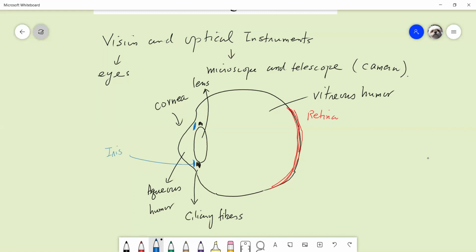Now I will connect it to the optical nerves. And there is another name for this part of the retina, they call it the fovea. It's just the name used in physiology.